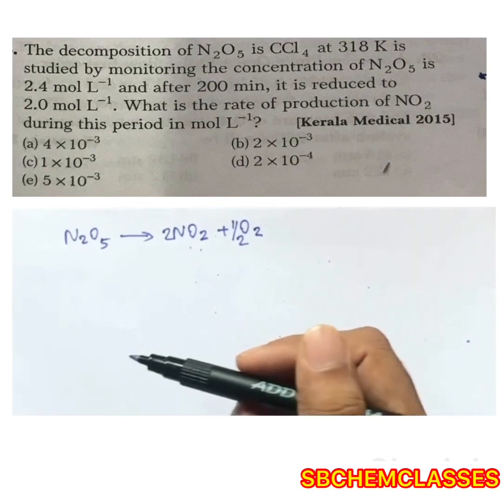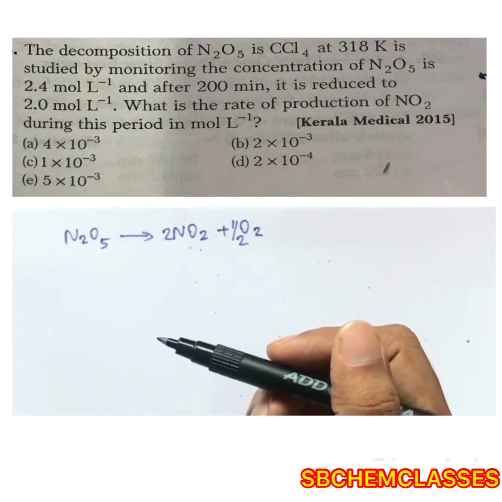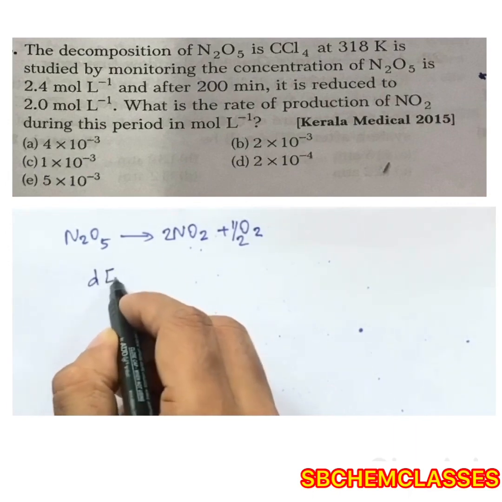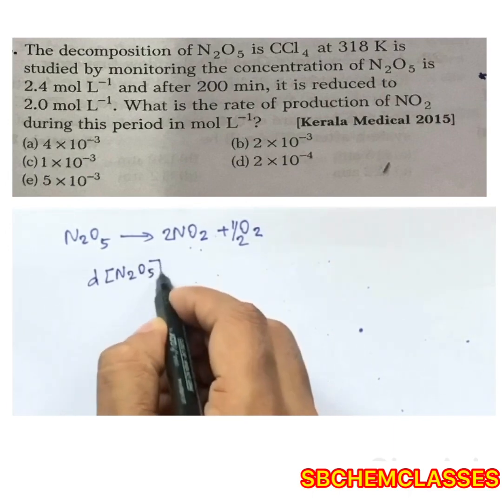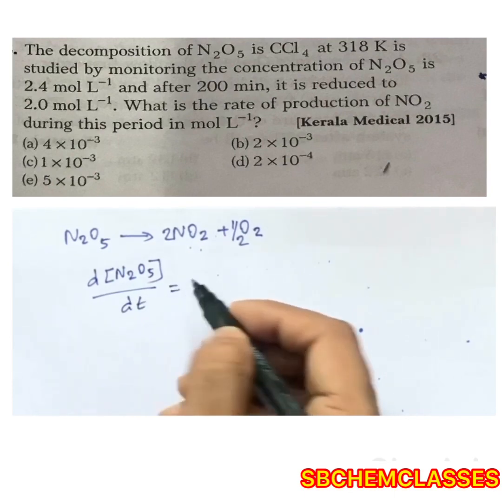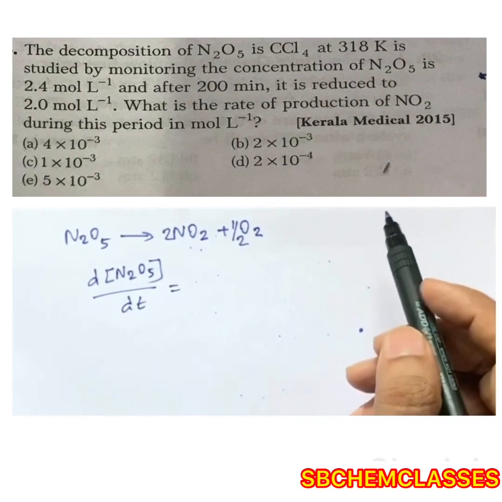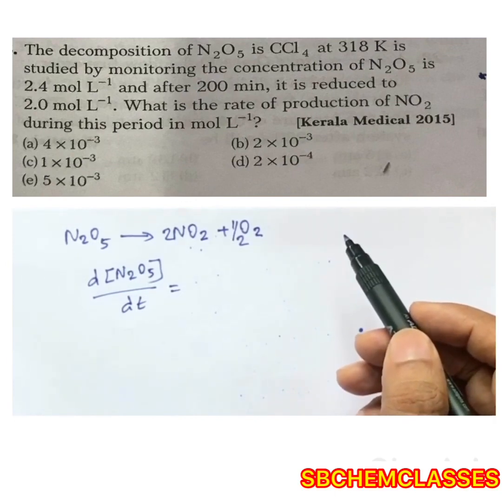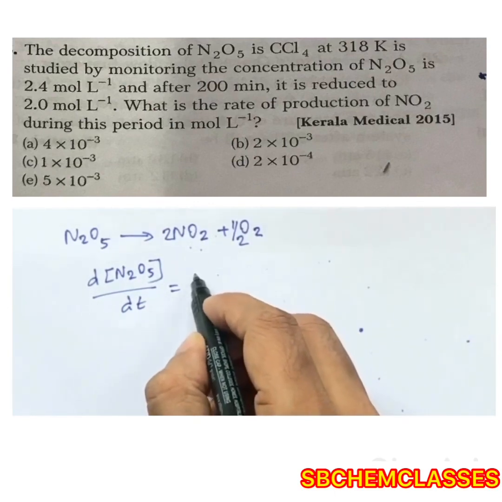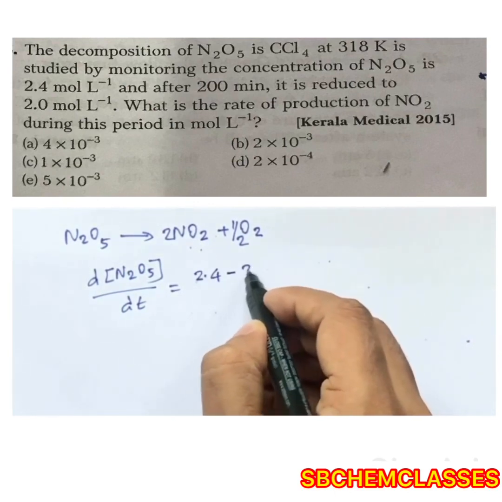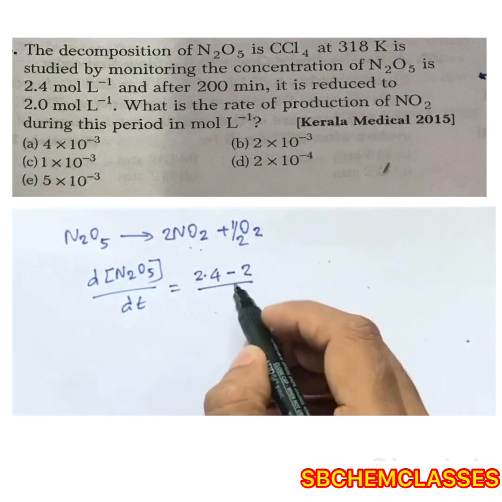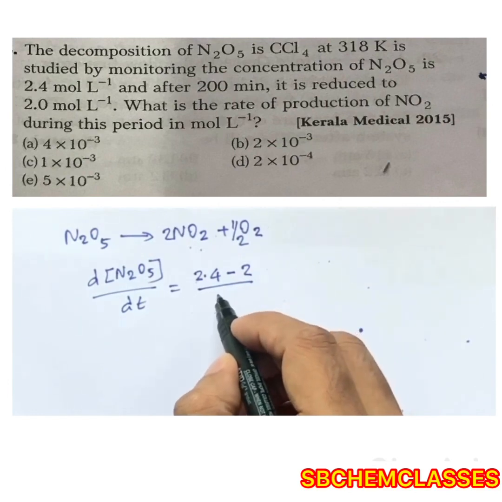Here the rate of disappearance of N2O5 is given, that is dN2O5 by dt. What is that? 2.4 mole per liter is converted to 2 mole per liter within the time of 200 minutes. So 2.4 minus 2, that is the change in concentration of N2O5, by the time taken, that is 200.